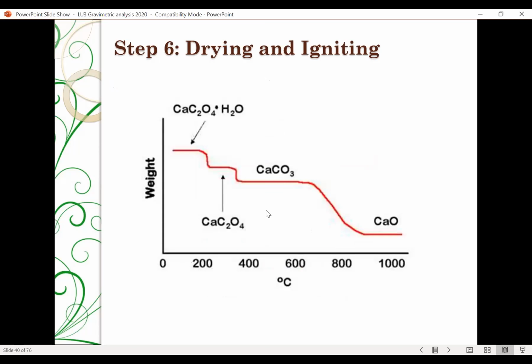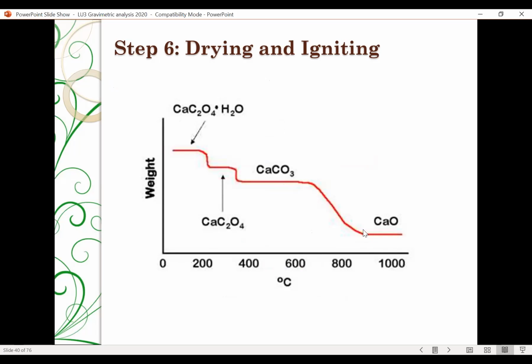Let's see another compound here. At different temperatures, it has a different chemical structure and different chemical formula. So 110 is different, 500 degrees Celsius is different, 1000 degrees Celsius is different.